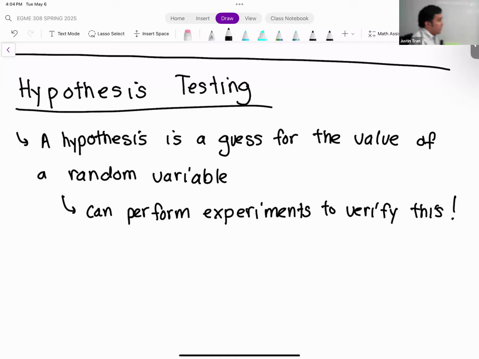All right, and so there is a systematic process through which we can go through to test whether hypotheses can be accepted or rejected. Right?